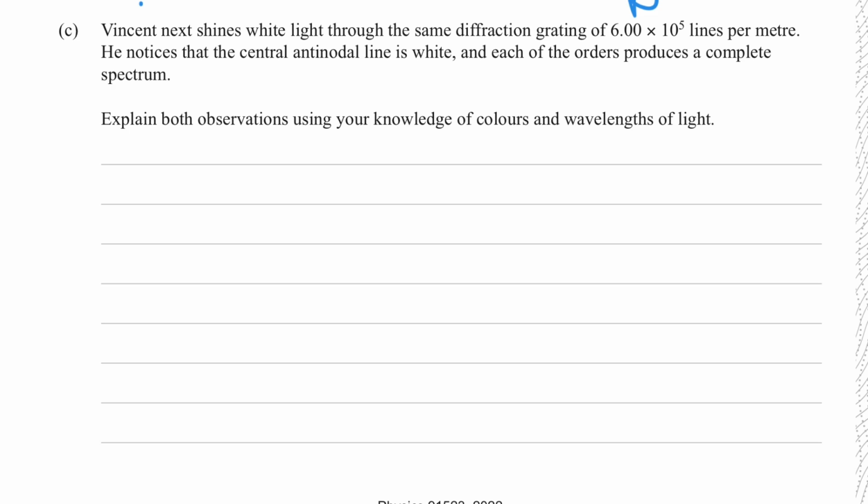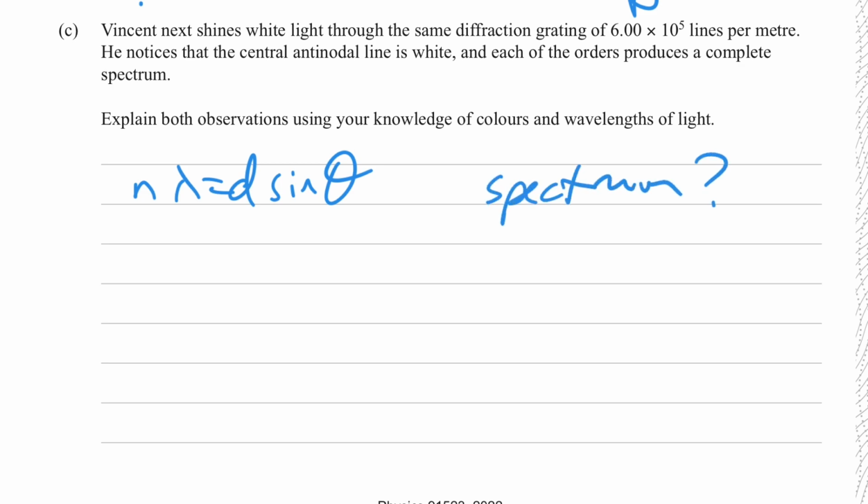Okay, so you're probably going to have to refer back to n lambda equals d sine theta here, and you're going to say for each fringe, this is first explaining why a spectrum is produced. Because for the same n value, the same d value, you're going to have an increased or a decreased wavelength, and therefore an increased or decreased angle of spread.